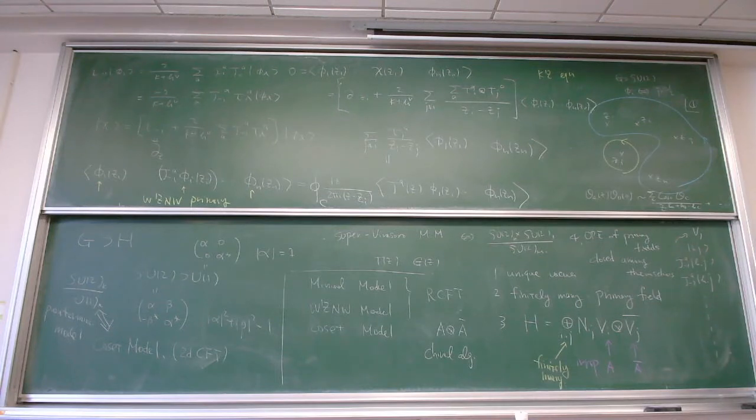And in the homework, you use the Ising model to see this OPE of the Ising model. How many primary fields does the Ising model have in the holomorphic sector? Do you remember?